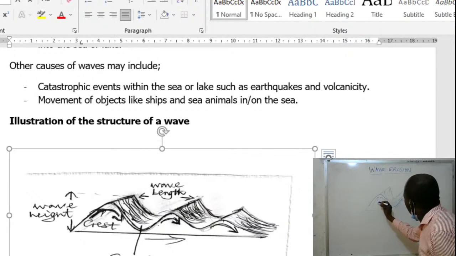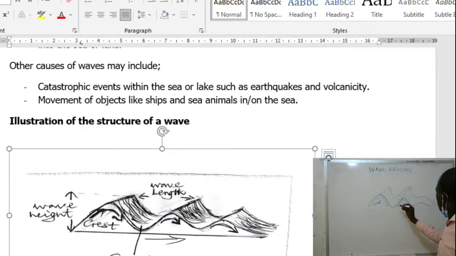Now, this rising here, this part that rises, is called the crest. So the wave crest. Now, between this rise and this one, we have what we call the wavelength.